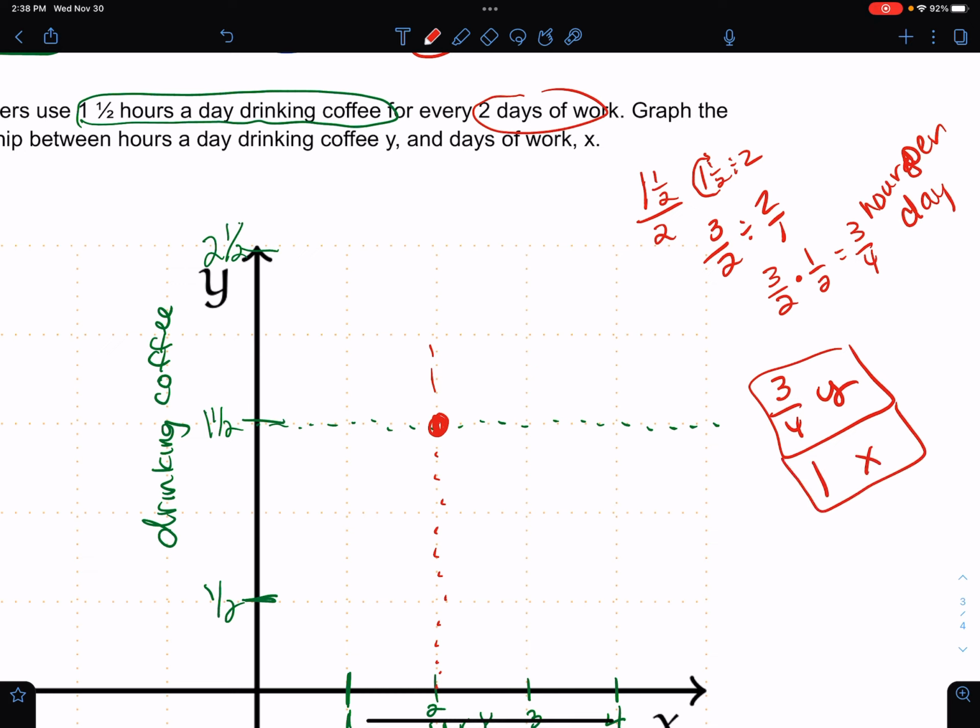So when that comes to graphing, what that means is my up is 3/4 for every 1 that way, okay? So let's start at our 0, 0, okay? Let's go up 3/4, which would be, well, here's 1/2, so 3/4 will be right there, okay? So plus 3/4, okay?